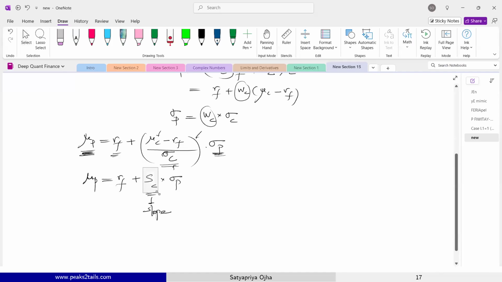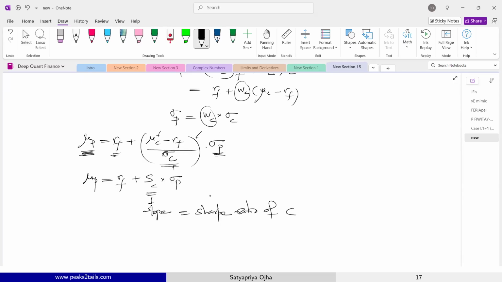That is this SC. This is called the Sharpe ratio of portfolio C. For any portfolio, you take the mean return of that portfolio minus the risk-free rate, divided by sigma of that portfolio. That's the Sharpe ratio of the portfolio. Here, SC means it's the Sharpe ratio of C. But C can be anything on the hyperbola, right?